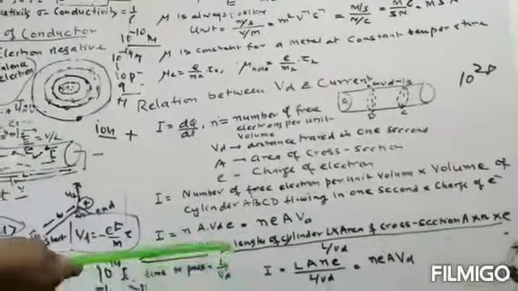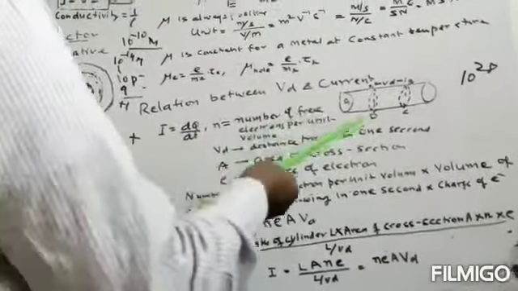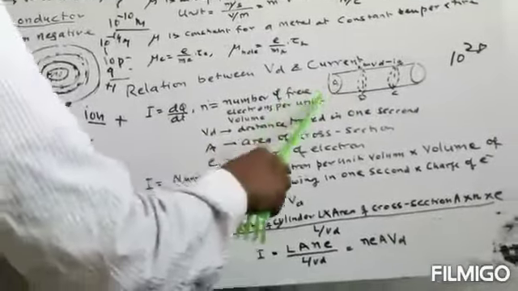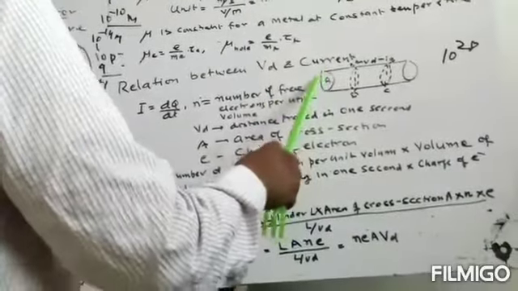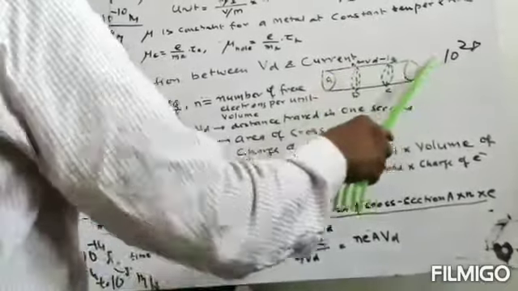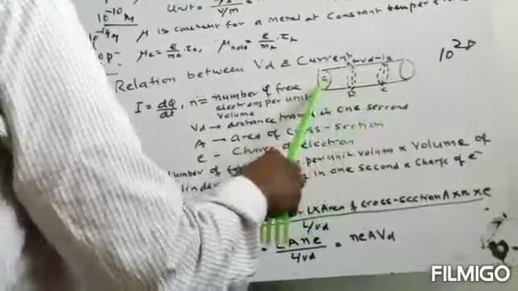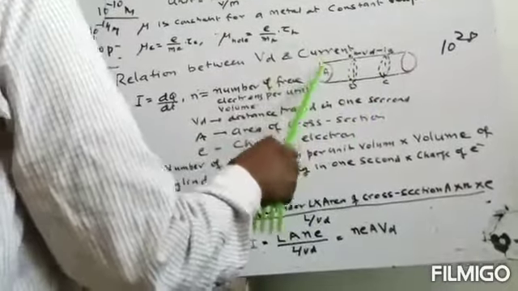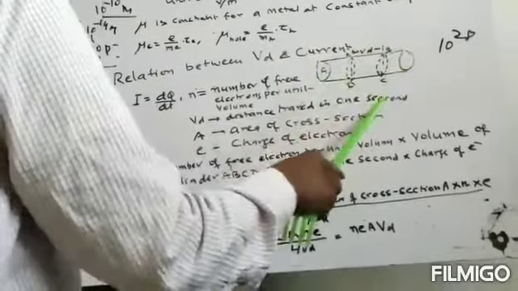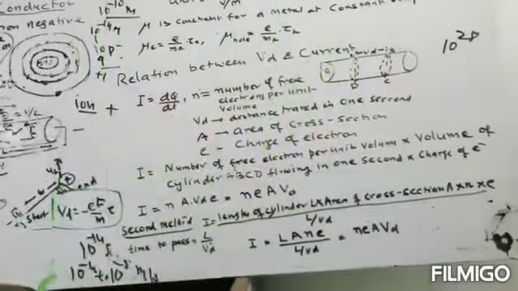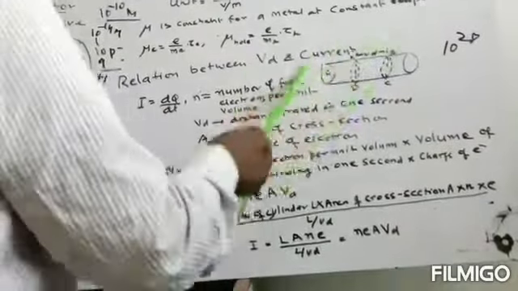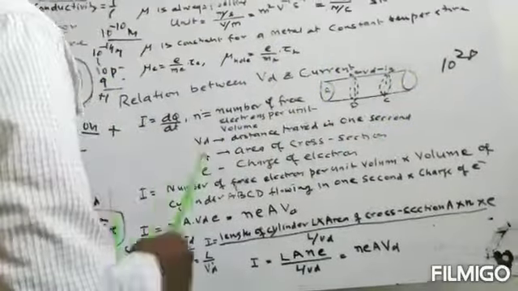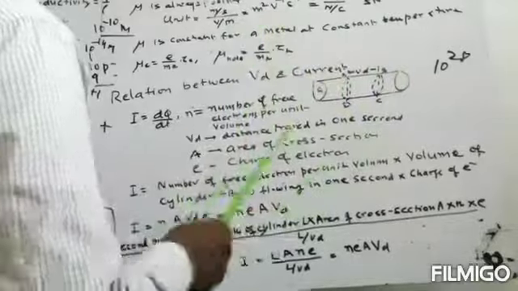There is also an alternate way we can find the current. If we take the charges which enter here and leave here, and if the time taken for the electron to enter and leave is t, then what will be the total charge flowing in this conductor in t time?